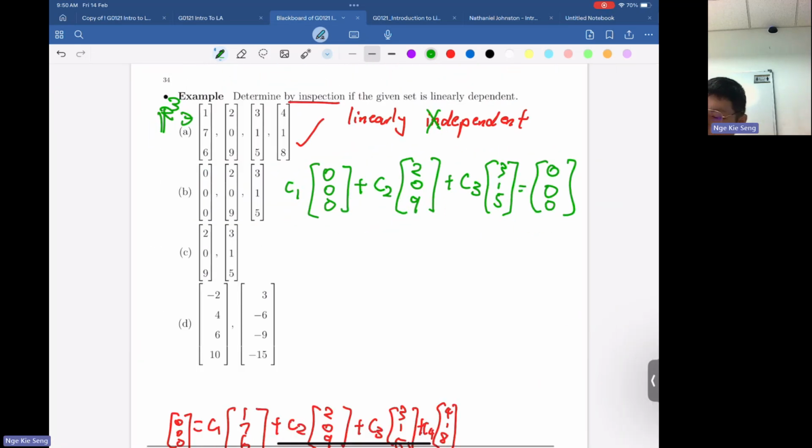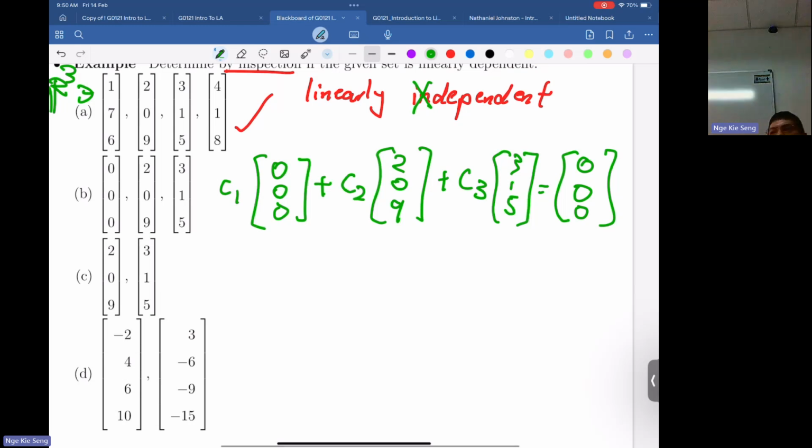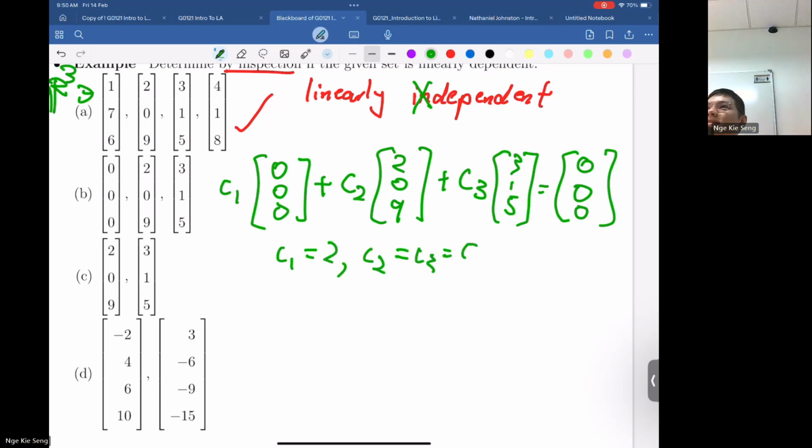What's the non-zero solution you can take for C1, C2, C3? We can take C1 to be maybe 2, and C2 and C3 we just kill, setting them to 0. Sorry, something is wrong with my notes nowadays. We can kill C2 and C3, but for C1 we can put anything here, because we already have a 0 vector. The 0 vector will take care of the 0.